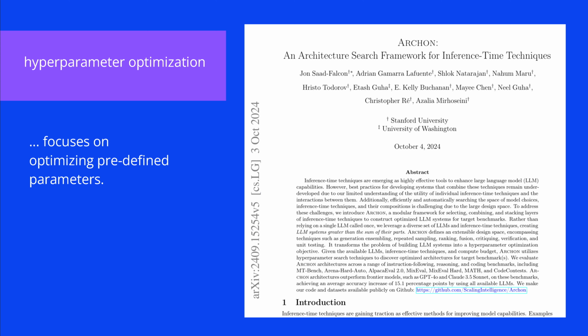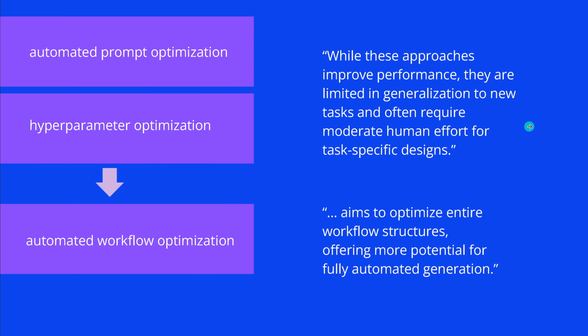For the hyperparameter optimization, which focuses on optimizing some predefined parameters within the complete dynamic system, I would go here with Stanford University and University of Washington, October 4th, 2024, Archon, an architecture search framework for inference time techniques.